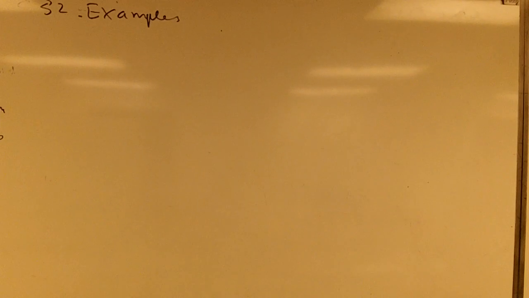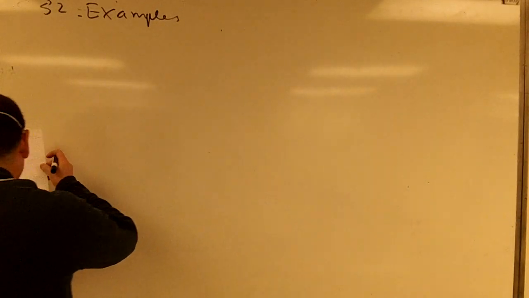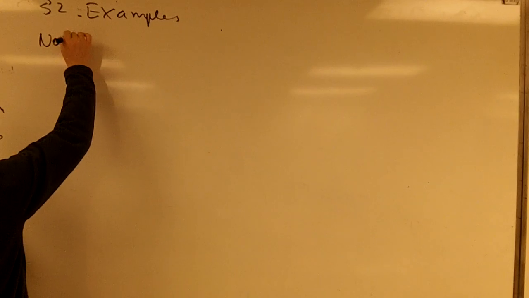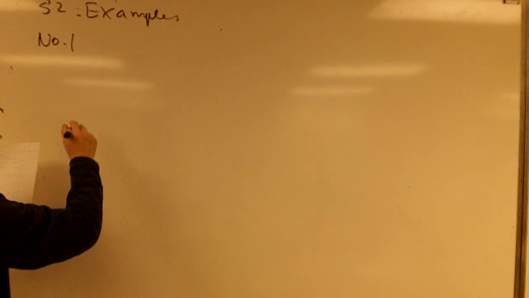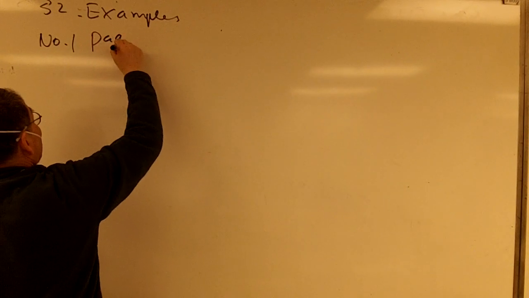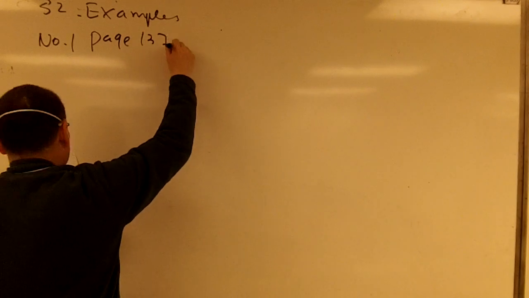When we started writing a book, we realized this was so important. So we have two examples. This is the first example, on page 137. This example has some key features.